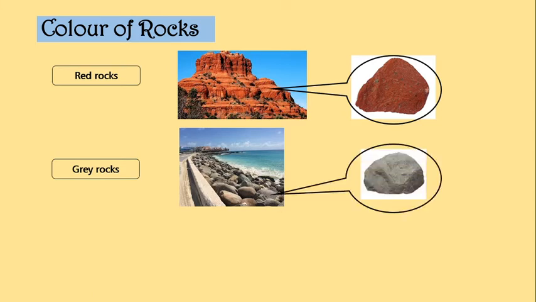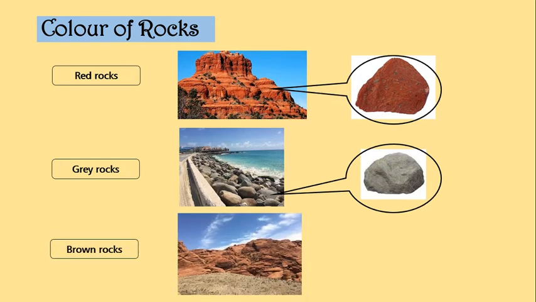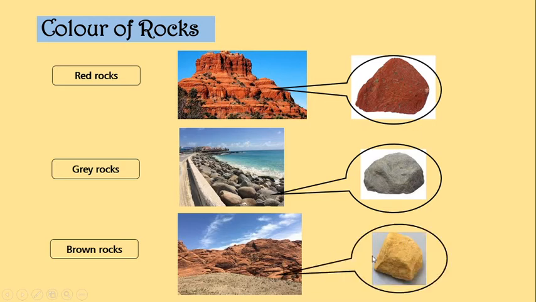This is the rock that we can find on the beach and it has gray colors. And the last is brown rocks atau batu yang berwarna coklat. These are some examples of rocks that have brown colors. Okay, so this is the classification of rocks based on the color. We have red rocks, gray rocks, and brown rocks.